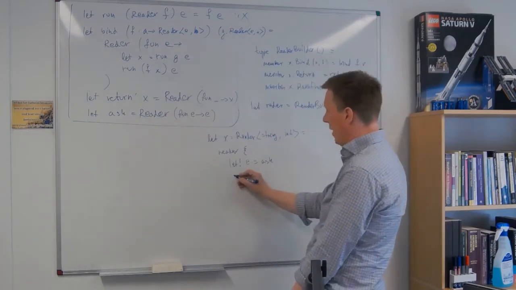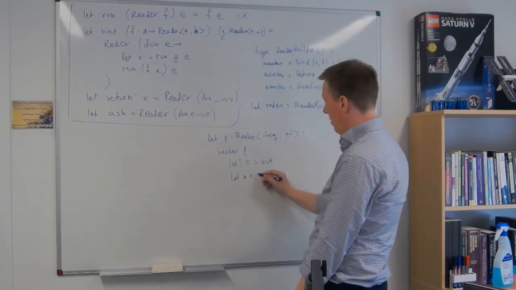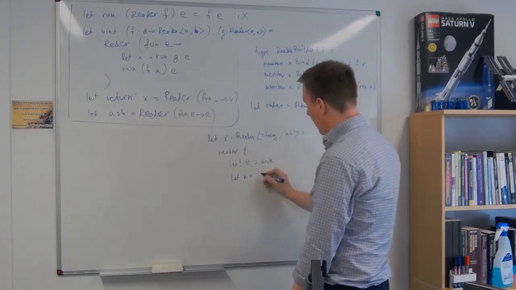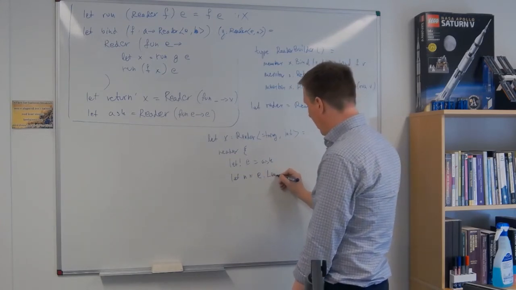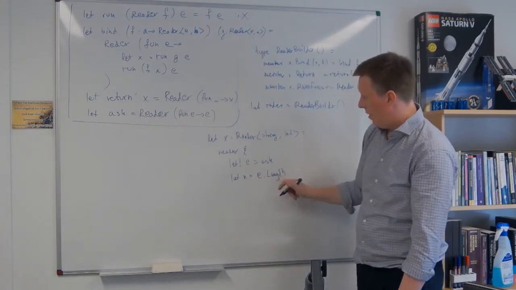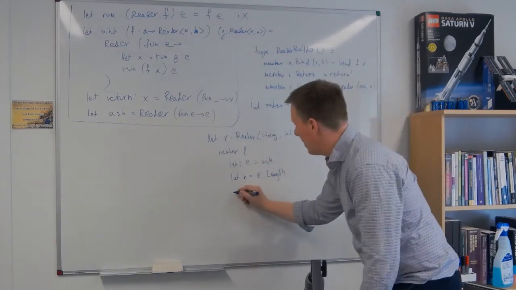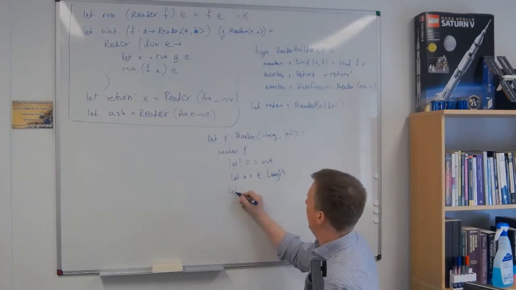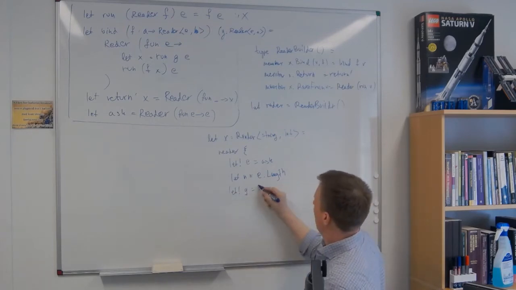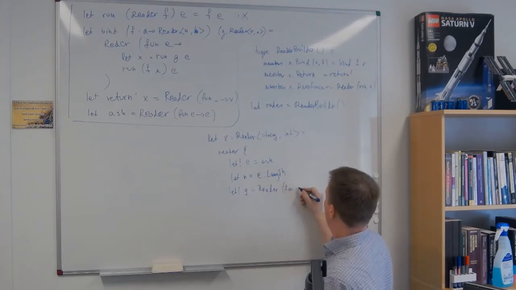I could say a normal let n equals count, or we know e is a string, so I can say e.length. Now I'm using normal let, not let bang, to get the length of the string in the environment. Then I can say something like let bang q equals reader fun e.